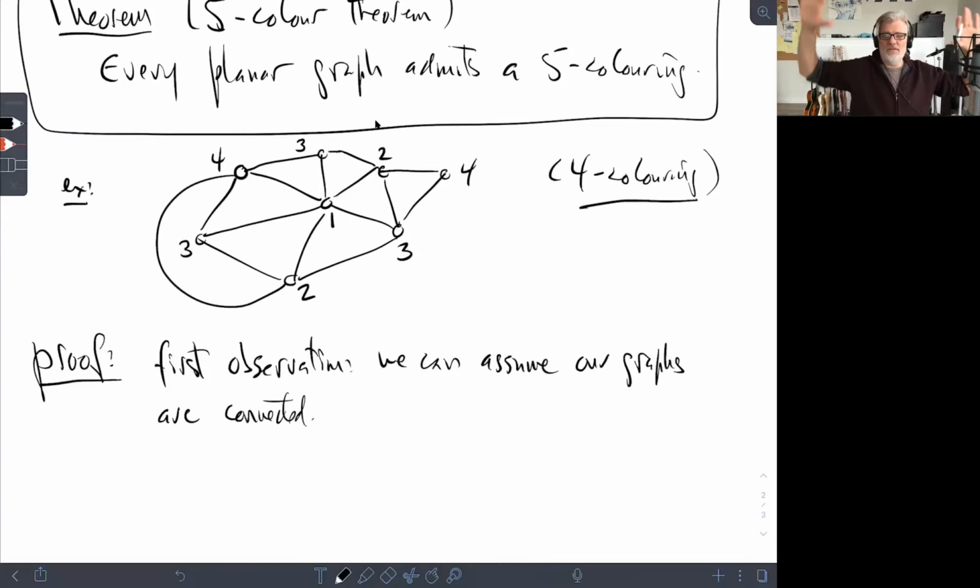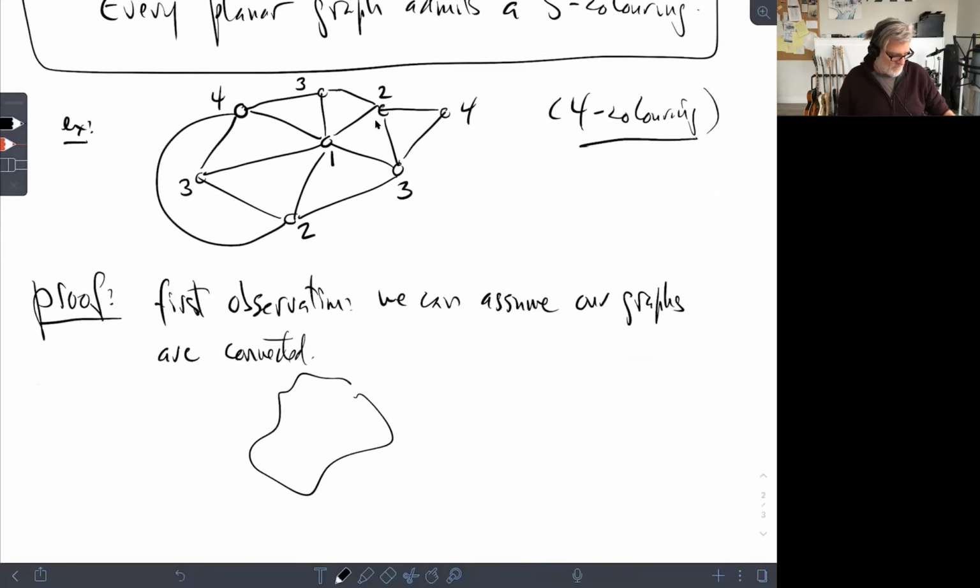Because if you have different pieces, if you can color each different piece using 5 colors, then it means you can color the whole thing using those 5 colors because there are no edges between the pieces. So there's absolutely no conflict whatsoever, right? So if I have a piece here, right, and I have another piece here, right? If I can color each piece using 1, 2, 3, 4, 5, then I can color the whole thing. Hopefully, is this good for everybody?